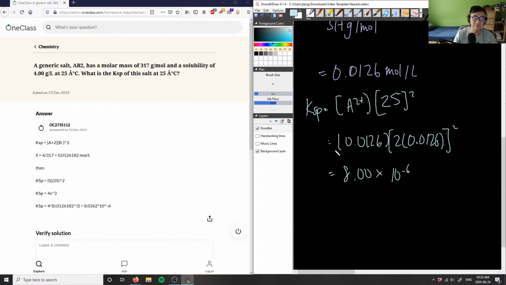This is going to be our Ksp value, and as you can see, this is very, very close to the Ksp value given, so it will give us the correct answer for this problem. So 8.00 times 10 to the negative 6. So this is the correct answer.